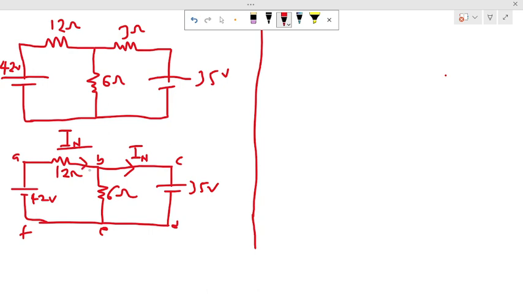When it reaches here, it will split. So it splits into I1 and the Norton's current, right?